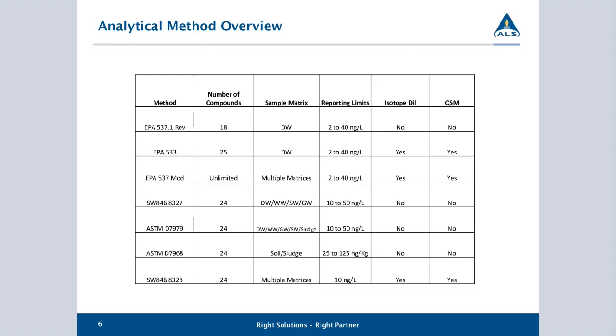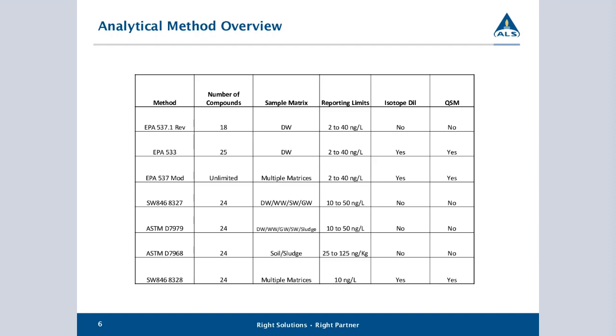They started having the same problems with the replacement compounds that they had with the original compounds, so we had to start analyzing for those as well. The main matrix for 537.1 revision 1 is drinking water, with reporting limits of 2 to 40 nanograms per liter. It does not impose isotope dilution and does not follow the DoD QSM.